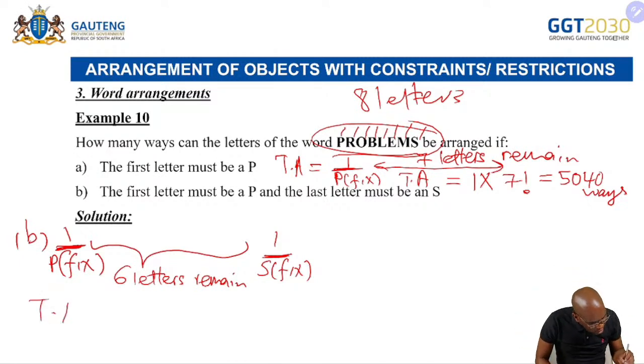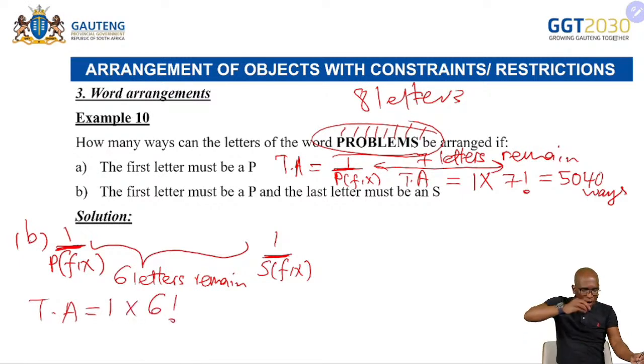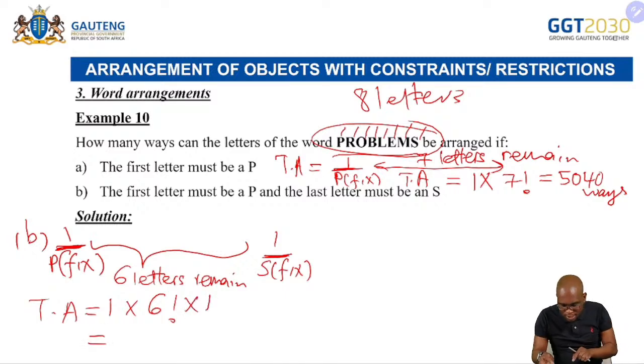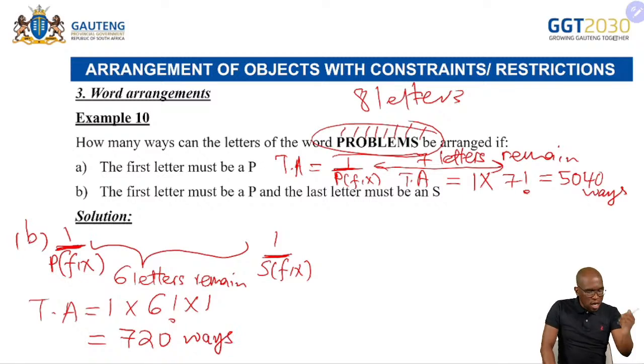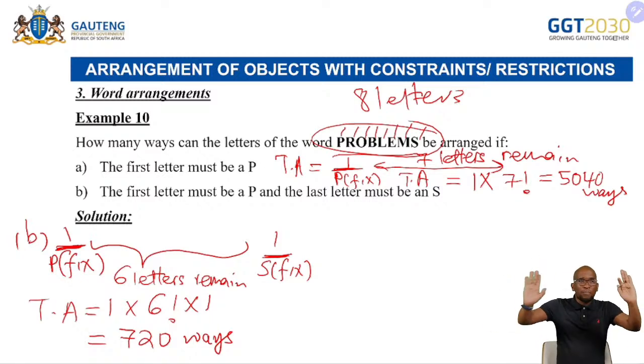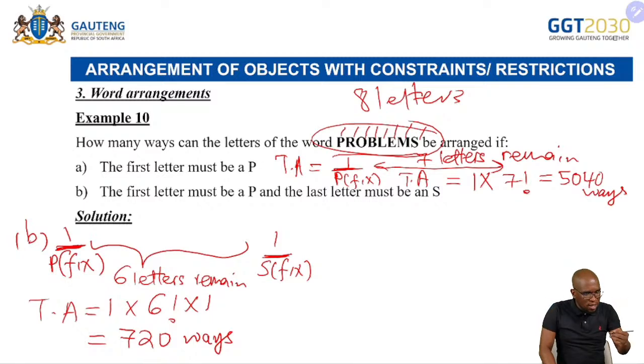The total arrangement in this case would be 1 times 6 factorial ways of arranging the remaining letters, times 1 for the letter S. So that's 6 factorial in the calculator. That gives us 720 ways. That's how you can arrange them if you start with letter P and end with letter S. Letters P and S are fixed in those positions. They cannot move. You can move the rest of the letters within that specific arrangement.